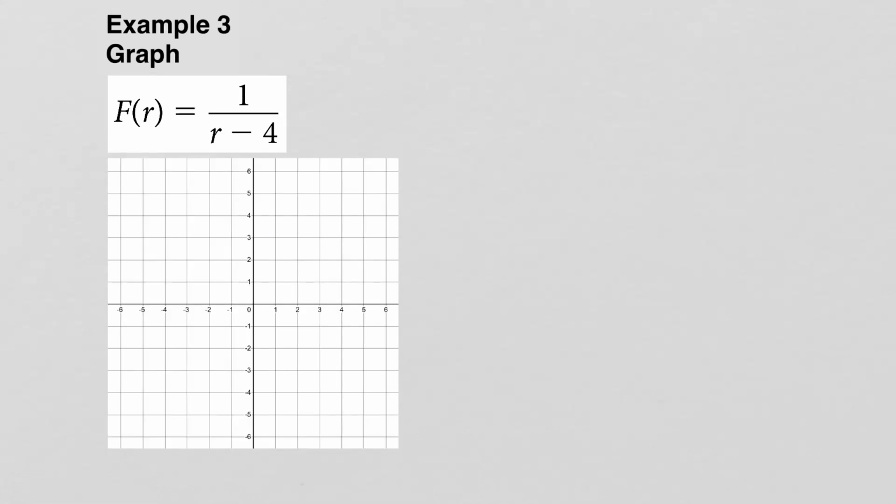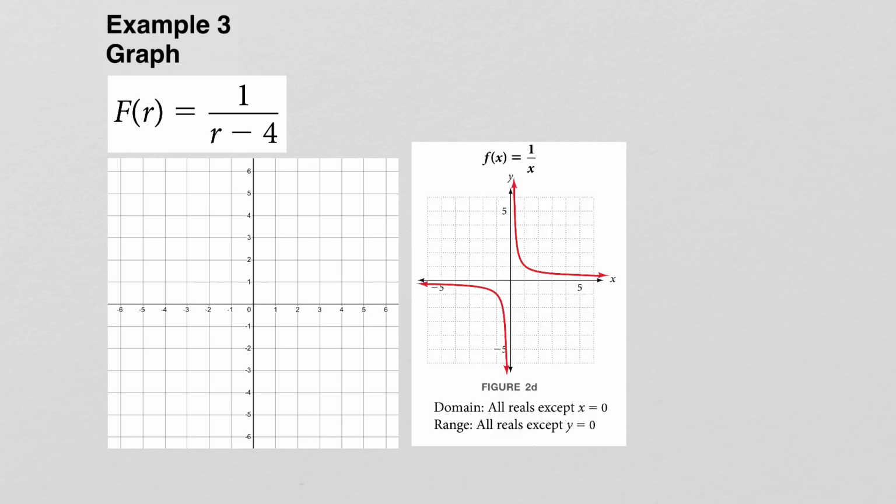Next, let's consider the graph of f of r equals 1 divided by r minus 4. Again, let's bring in the basic associated function here. And that would be the function f of x is equal to 1 divided by x. So how is this different? Well, don't let the variable worry you, right? It doesn't matter what variable we have here, whether it's an x or an r.